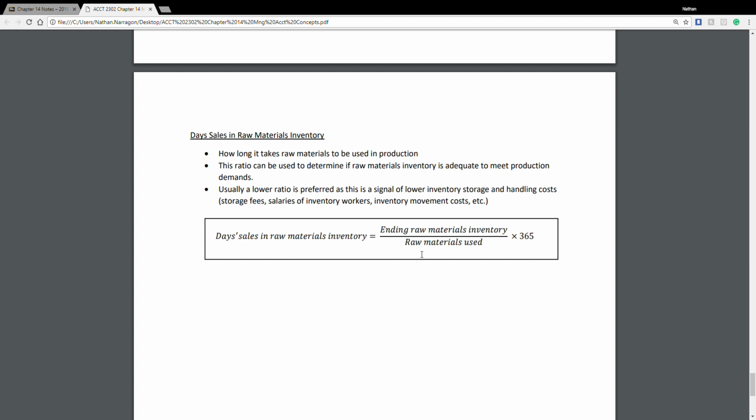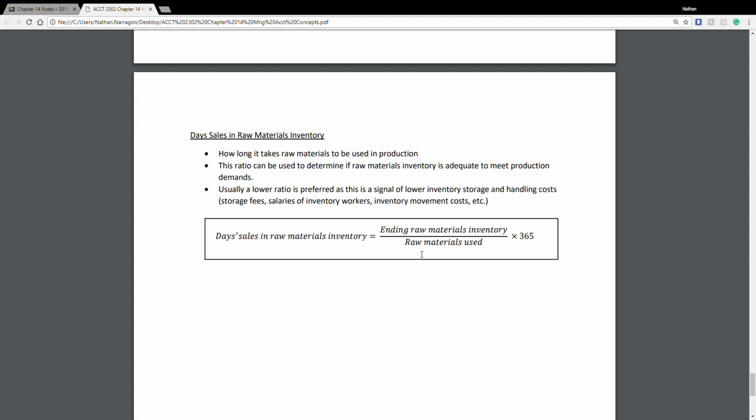A lower ratio is always preferred because it means it's staying in storage a lot less. So that's decreasing costs across the board. We don't have storage fees. We don't have to pay our inventory workers that much, because there's no inventory for them to manage. Even transportation costs and warehouse fees will go out the window.